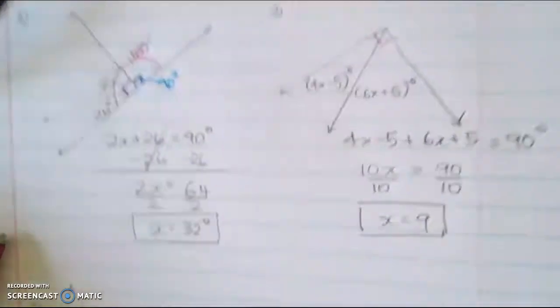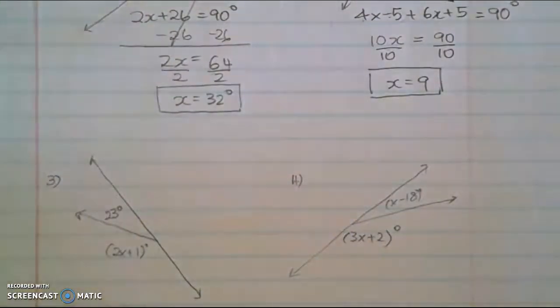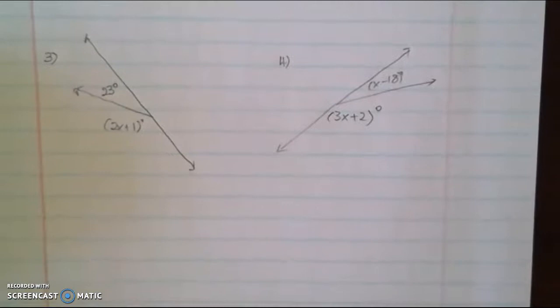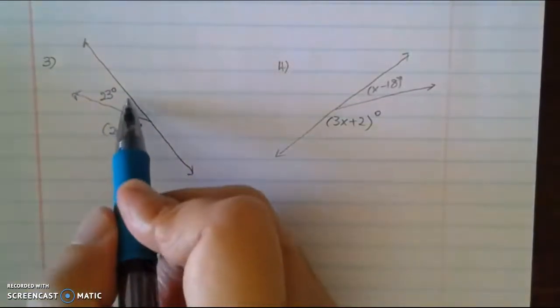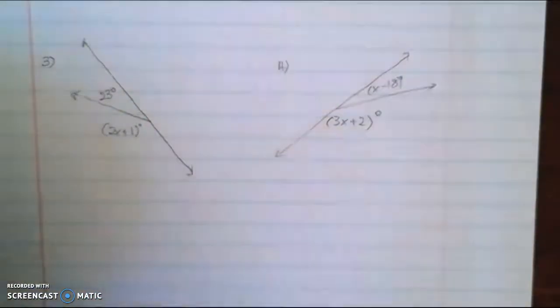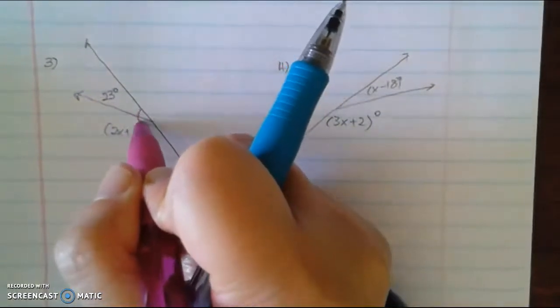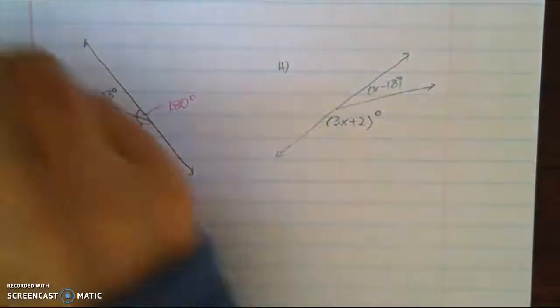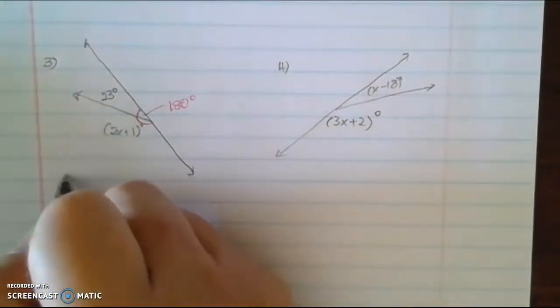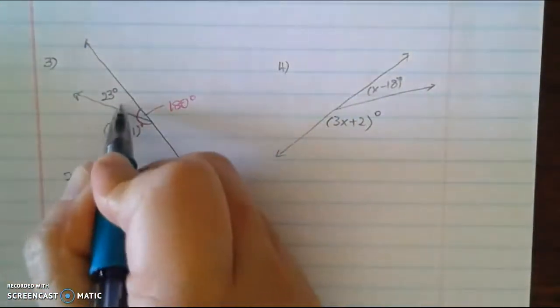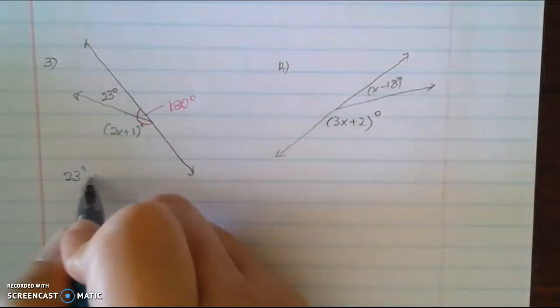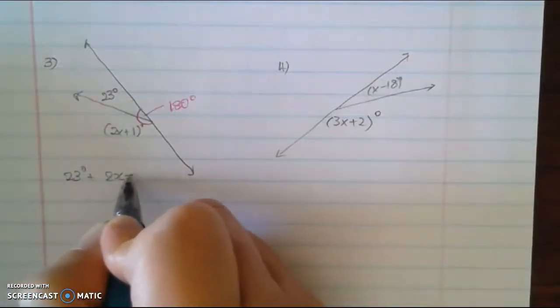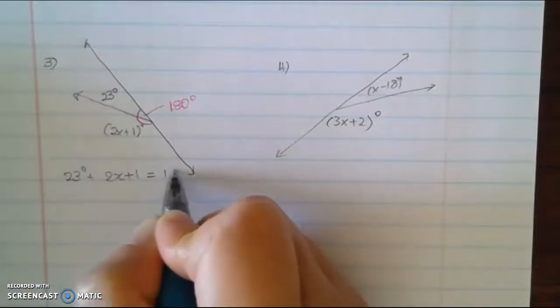Okay, now let's go on to number 3. All right, it's a straight angle. This is a straight angle. That means we know that this is a straight angle. So we know that 23 degrees, this angle, plus this expression of an angle is going to add to 180 degrees.